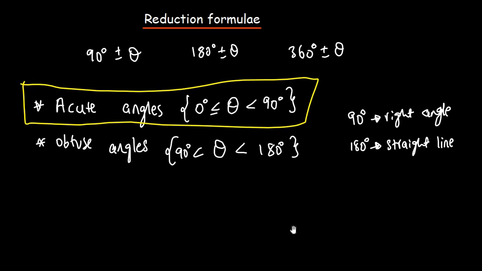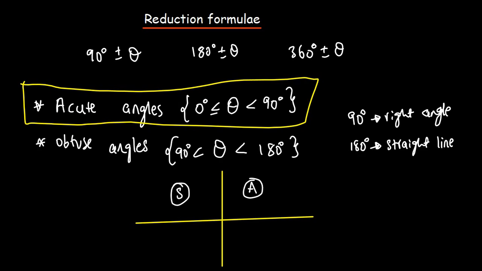Now, what is going to assist us to reduce these angles to angles below 90 degrees is what we call a CAST diagram. You must have heard of a CAST diagram. This CAST diagram is the one we use to assist us in reducing the angles. Now let's dive deep into the CAST diagram.